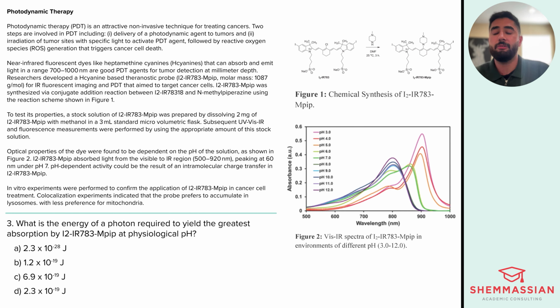What you might also notice is that answer options B, C, and D have something in common, and that is the exponent of times 10 to the negative 19. We also should notice that A, B, C, and D are all in joules, and we're solving for energy. Keep this in mind, we're solving for energy for the greatest absorption at physiological pH. What's physiological pH? Around 7.